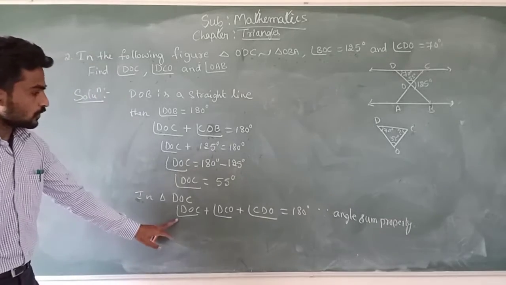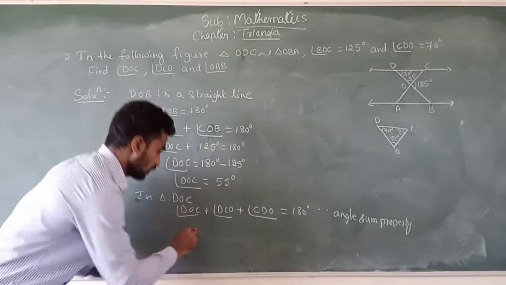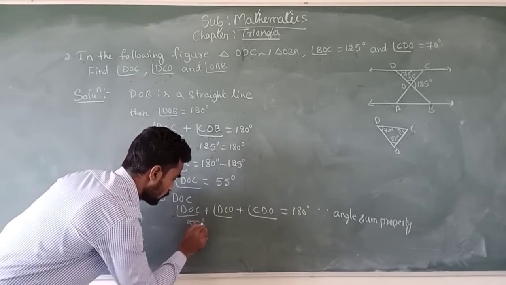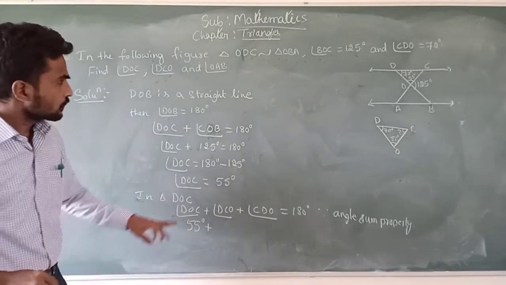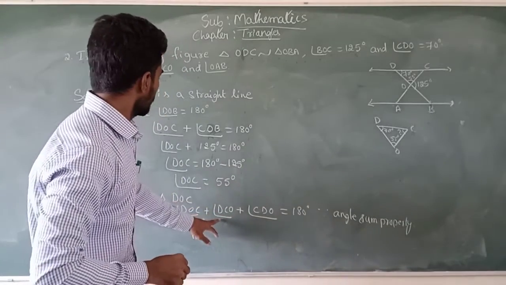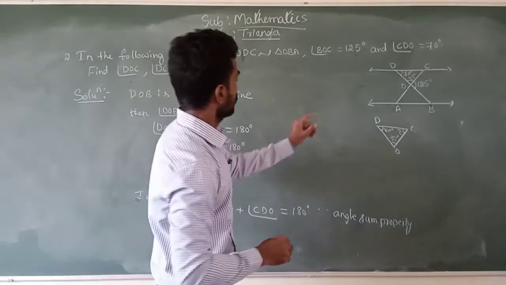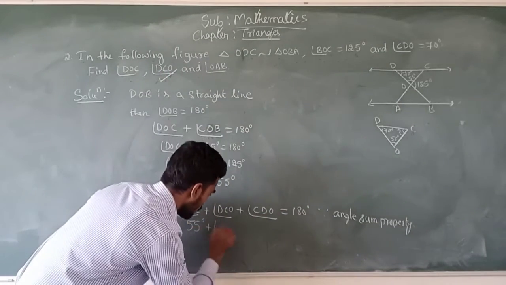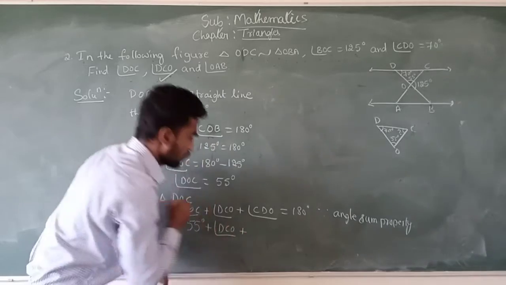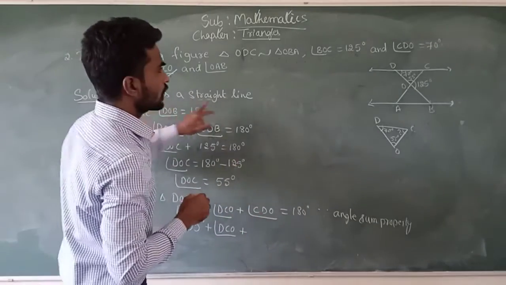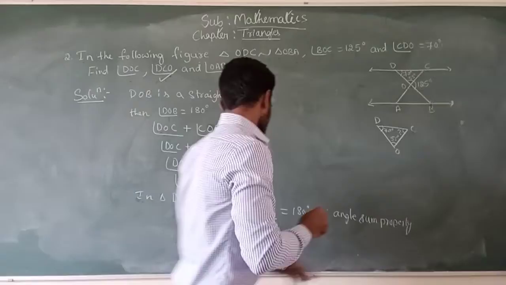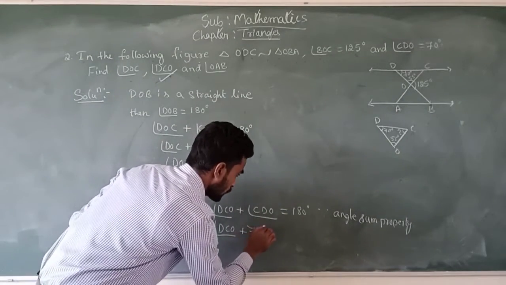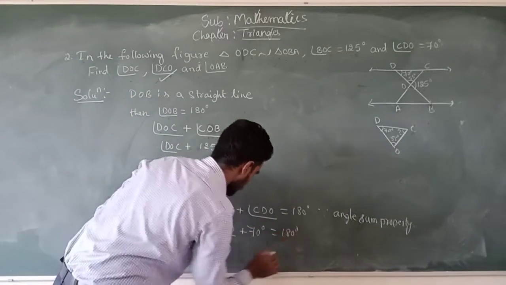Now substitute the value of DOC. We already found that it is 55 degree, plus angle DCO, take as it is, plus CDO, they already given that CDO is 70 degree, that is equal to 180 degree.